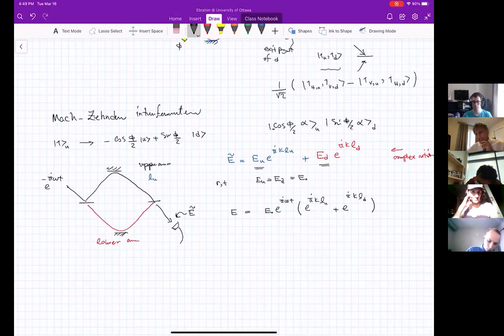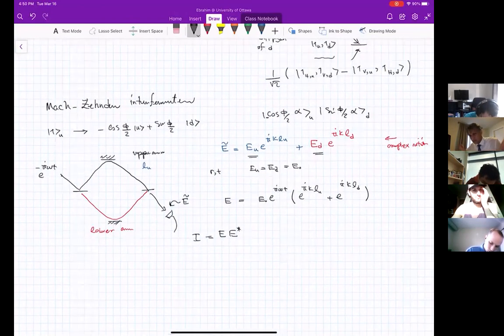Does the detector see the electric field? Our detector does not see the electric field. What it sees is intensity, right? Or irradiance, if I want to be very careful with the definition. So essentially what we are seeing is E times E star, irradiance or intensity. The definitions are very different, but people use it.